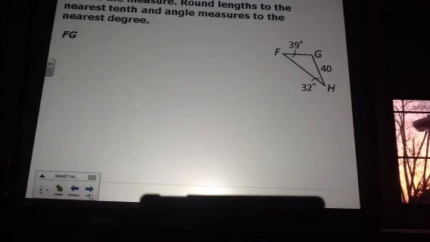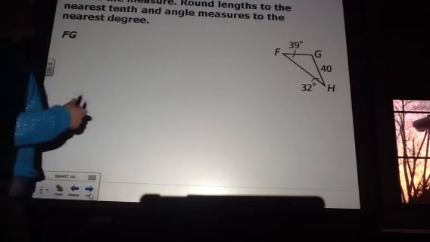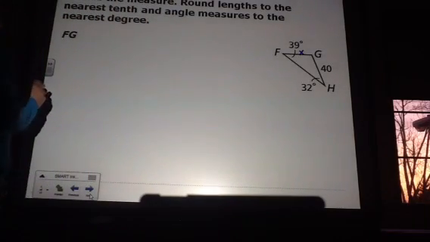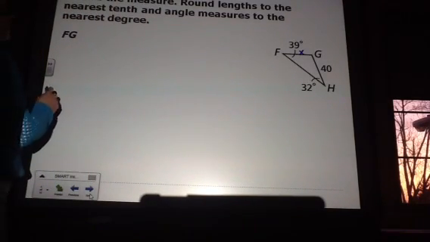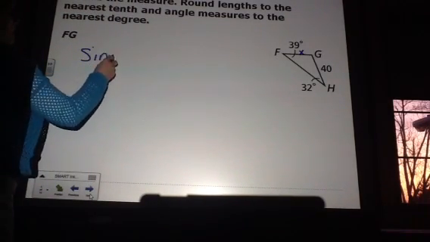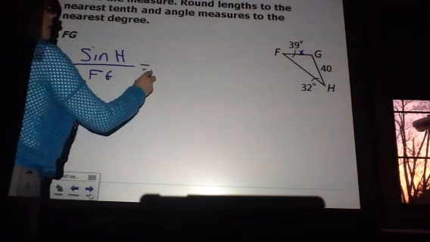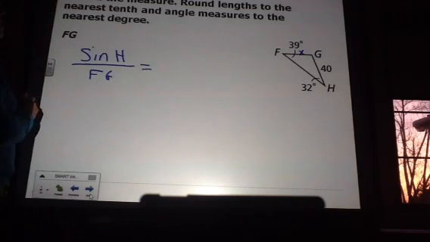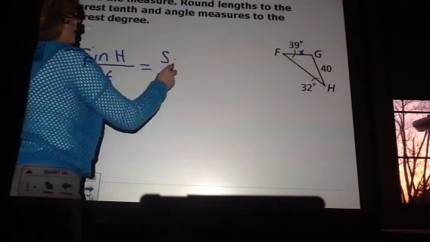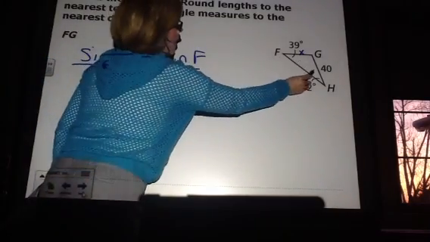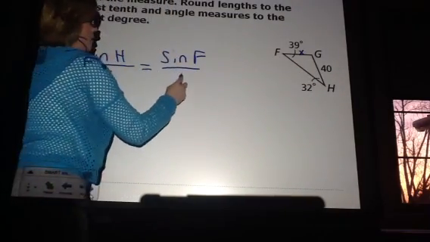Okay, so let's apply this. We need to find FG. FG is right here, so let's put an x right there. The angle opposite that is H, so you can take the sine of angle H, put it over FG, and write a proportion. The other angle we have is F, so take the sine of F. The segment opposite F is GH.